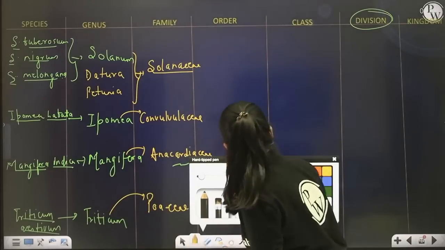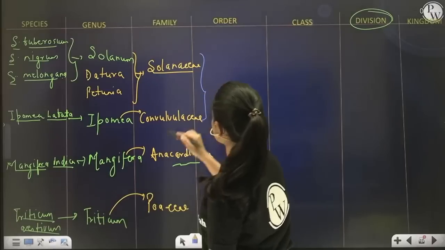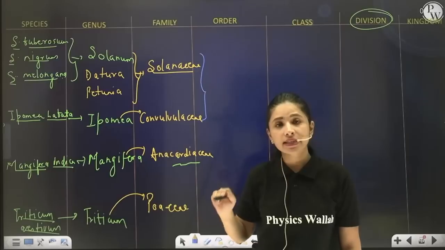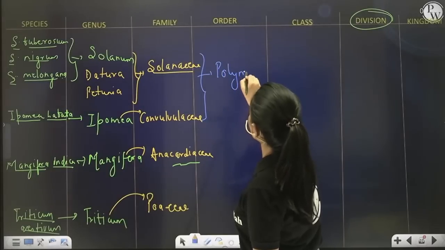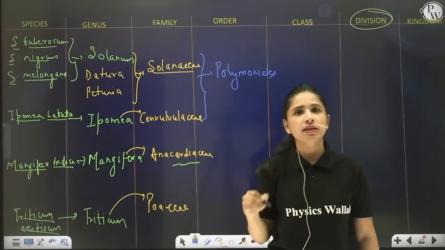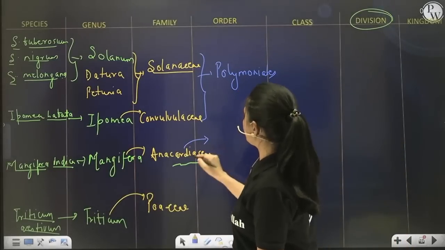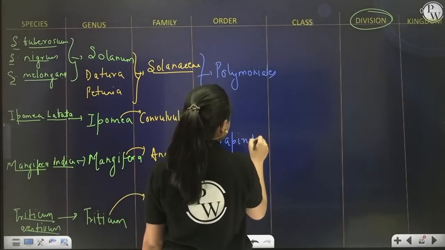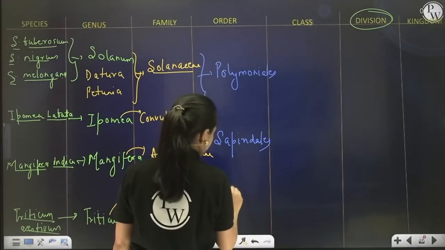Now dear students, you see 2 different families, Solanaceae and Convolvulaceae. 2 different families, but they belong to the same order, Polemoniales, as they have similar floral features. So on the basis of similar floral features, they belong to the same order, Polemoniales. Now, the order of Anacardiaceae is Sapindales. And the order of Poaceae is Poales.